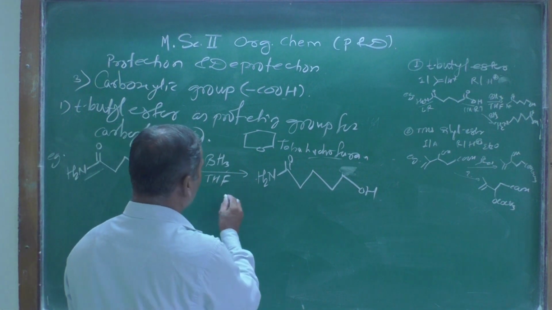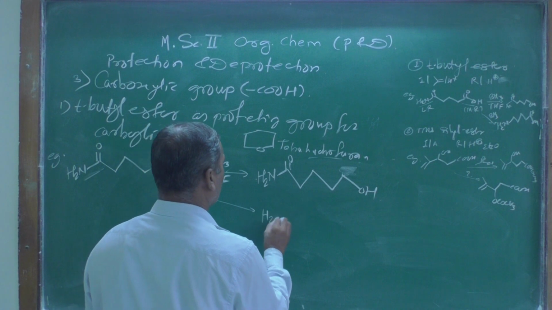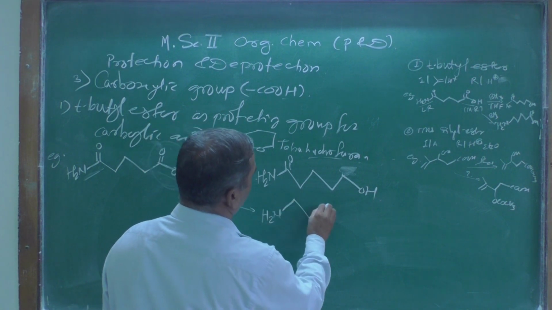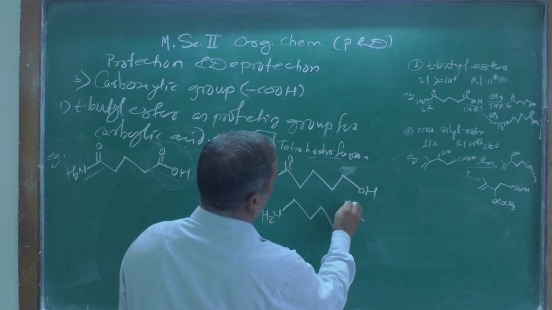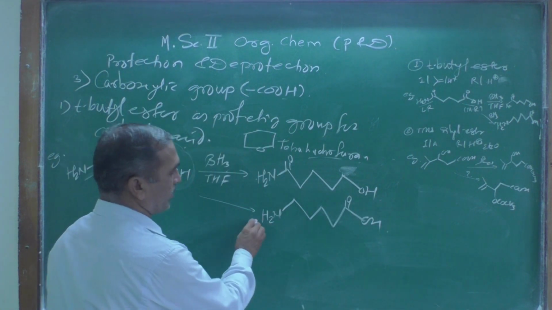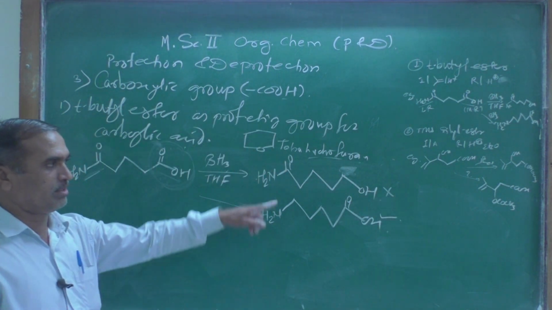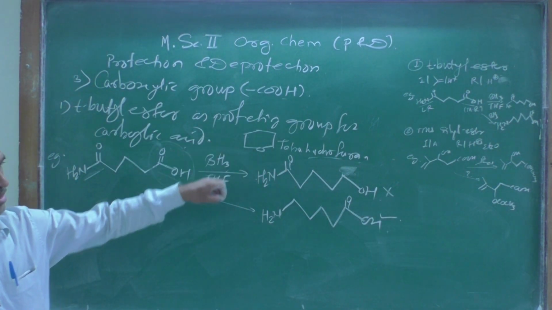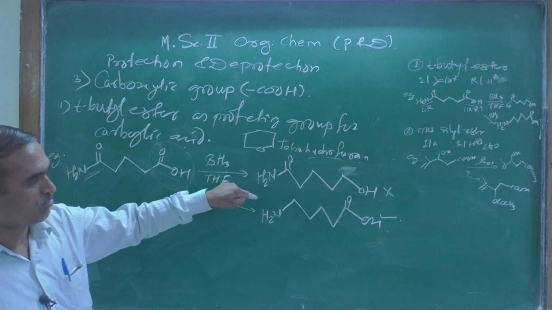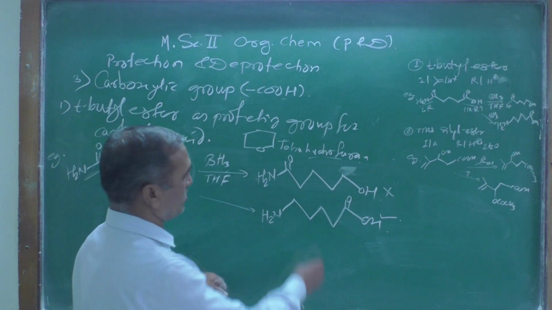you do this reaction? Suppose you want this type of reaction, H2N, then this one C double bond OH. So we want to prepare this compound. We do not require the other. We want to prepare this one. How do you prepare this?